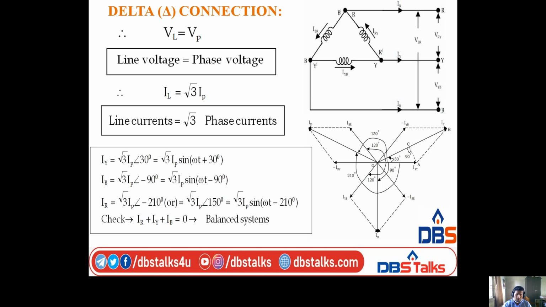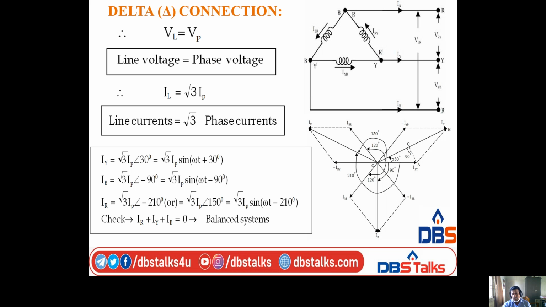Applying KCL at node R, IR plus IBR is equal to IRY. So from that we are getting the relations. Similarly, applying KCL at node Y and node B also.